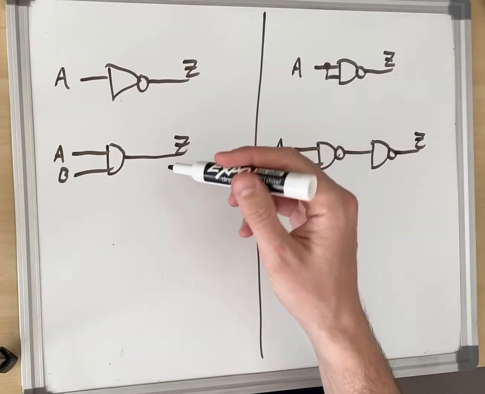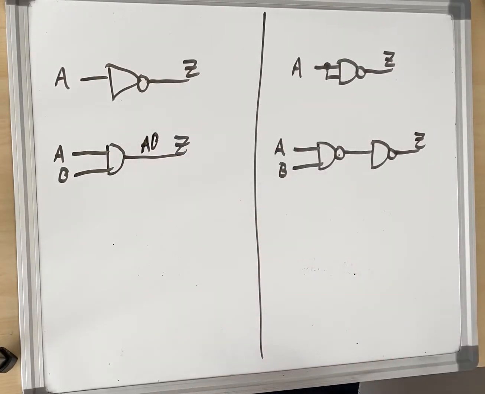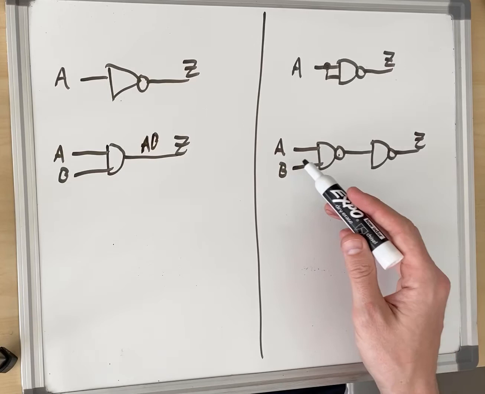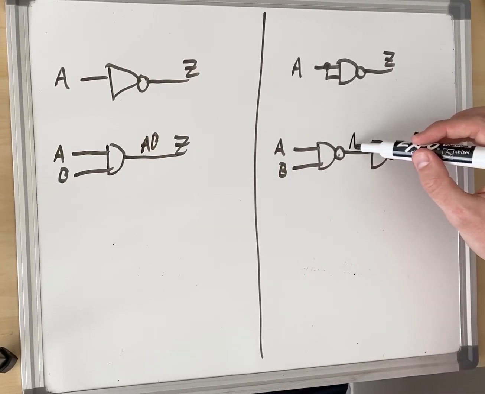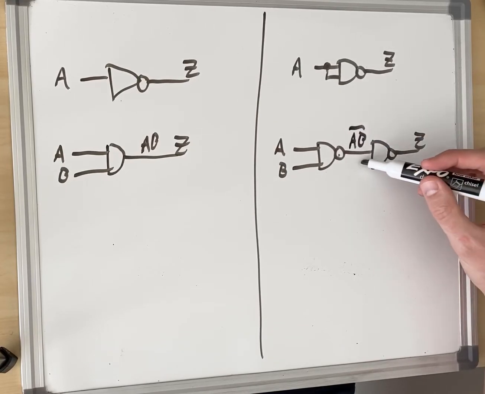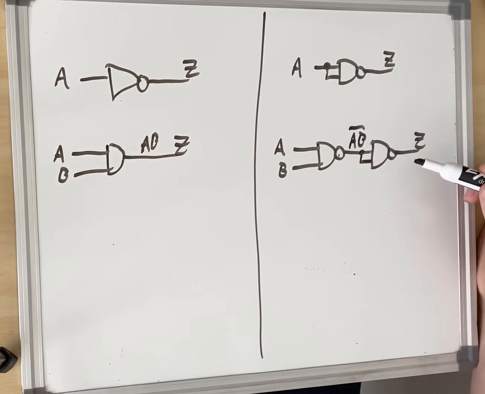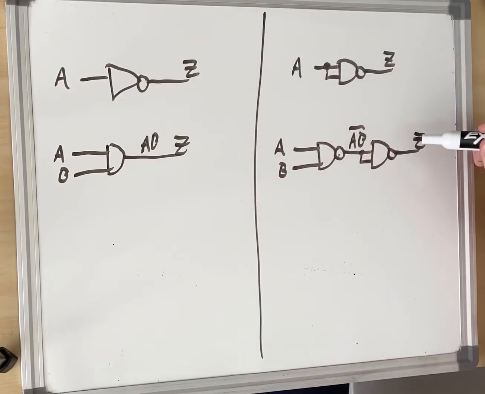And we know that this output would be not AB. Well, here we're taking the opposite, right? Not AB. Oh, I didn't finish that. And then we're inverting this. Remember, this is the same as an inverter. So we're getting not not AB.